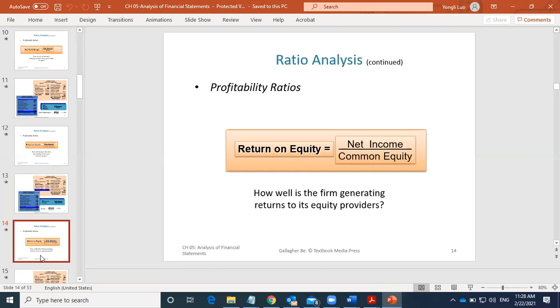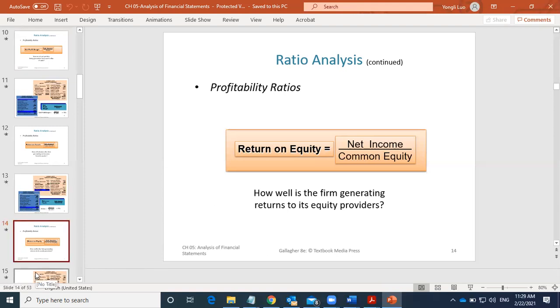If you talk about the total asset, you have to exclude the debt, what you borrowed from the bank. Namely, that is your asset on your account, but you have to pay it back to the bank. Only the equity part you don't have to pay back. That's the company's net asset. So, net income divided by the common equity.